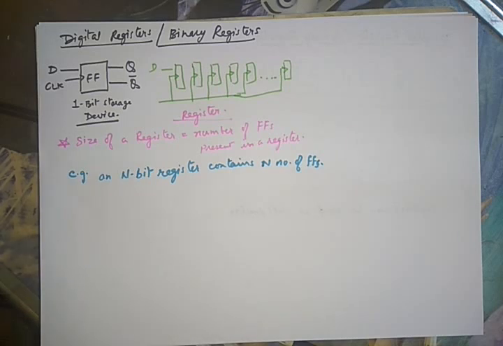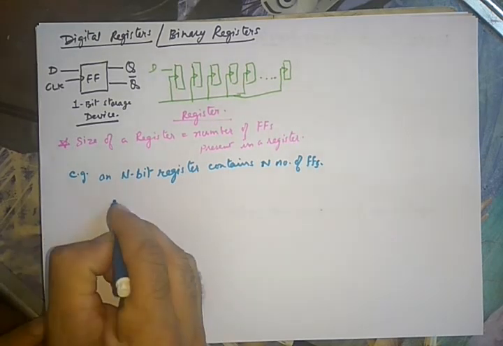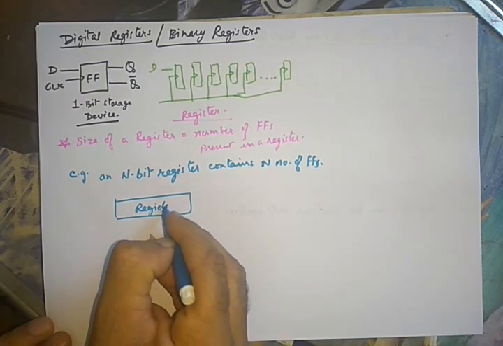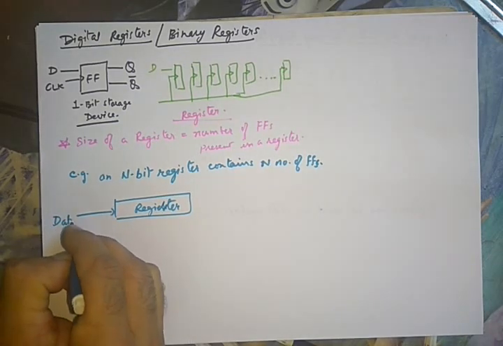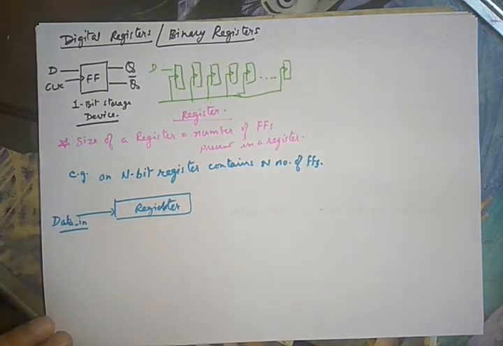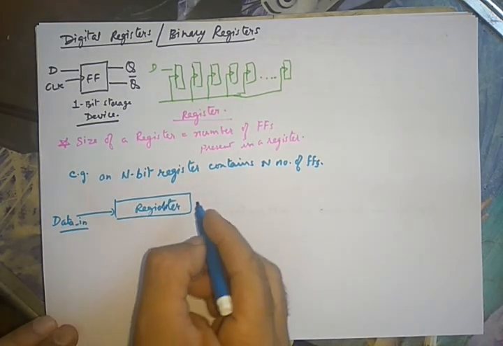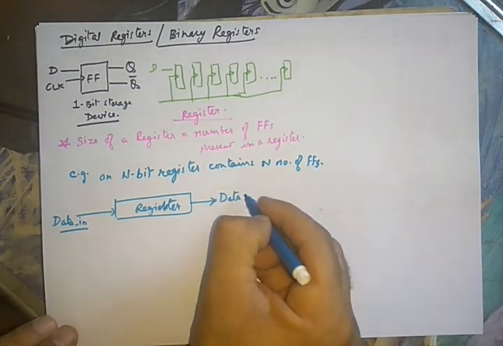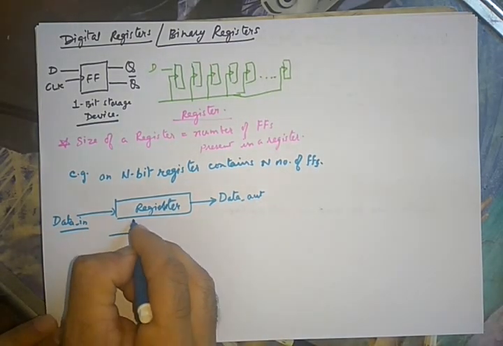Now there are different types of registers available depending on how the data is given as an input and how the output data is retrieved from a given register.